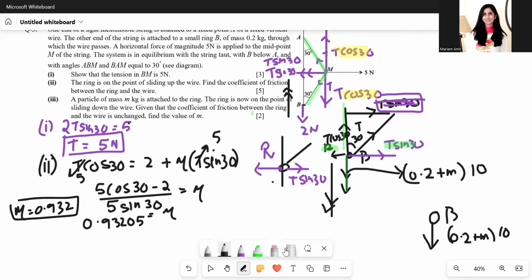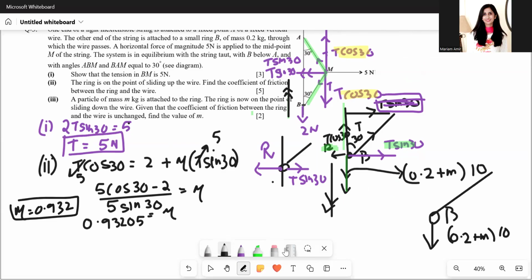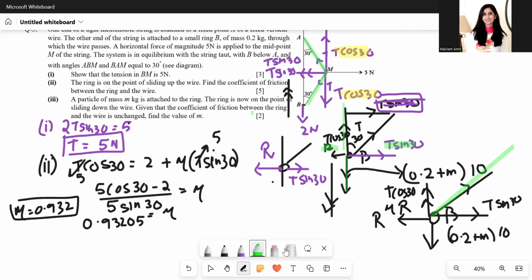And then there's the same tension that we had earlier. This was T, and then we resolved it in two parts. This was T sine 30, and the upward one was T cos 30. Now mu R is in this direction and R is still in this direction, because of this pull.